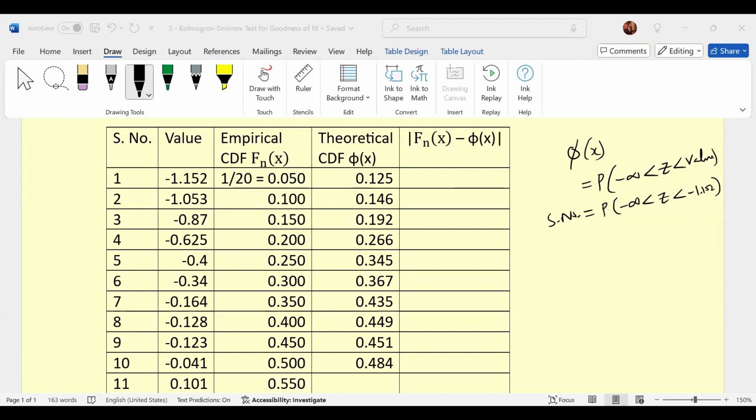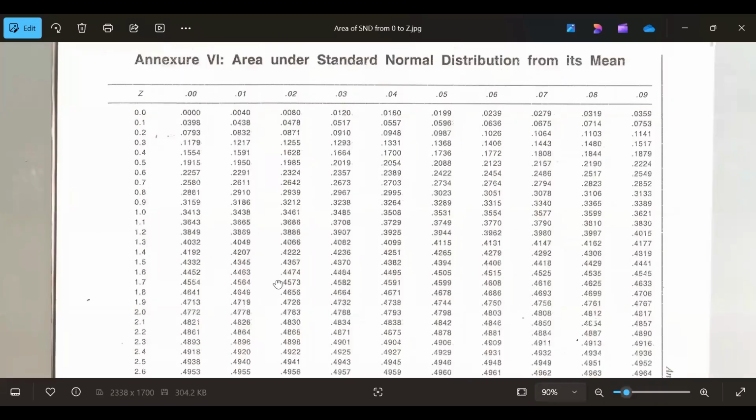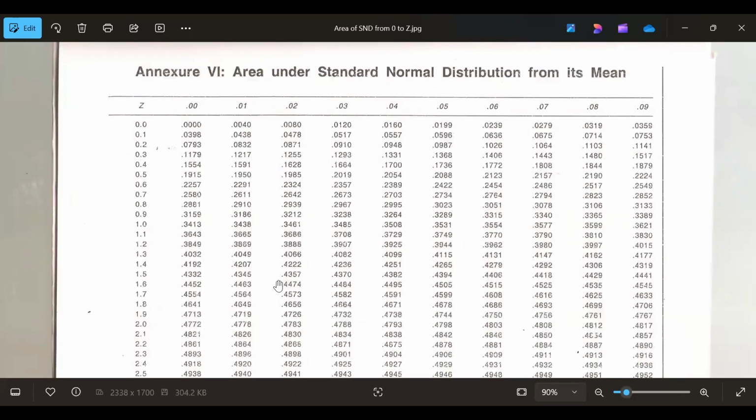Let me use the other table. This table is also a standard normal table, but it is from 0 to Z. Here we are interested in 0.101, 0.10, which gives you 0.398.